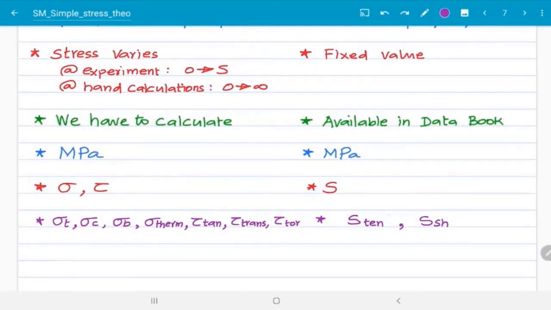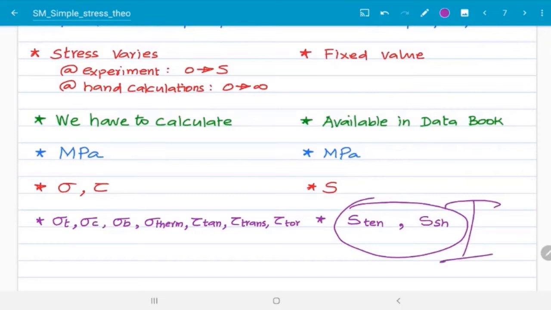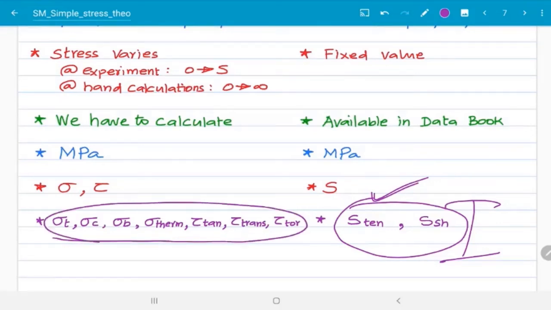For example, we have decided to use tensile strength. Seven stresses are available, sir. Which stress should be used?